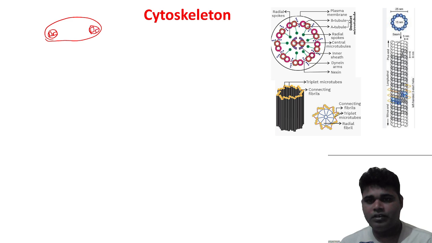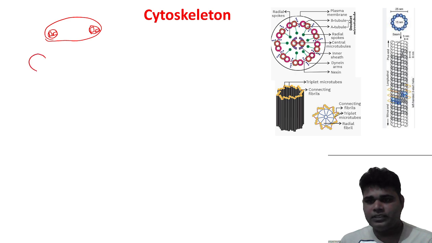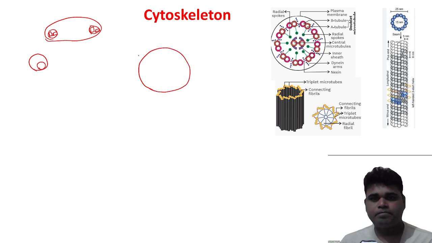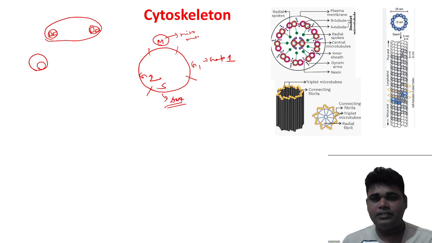Actually, first in the cell one centrosome is present, but consider the cell cycle: this is the M phase, this is the G1 phase, this is the S phase, this is the G2 phase. M phase means the division phase, that means mitosis or meiosis. G1 means gap 1. S phase is where the DNA is synthesized, that means the DNA becomes double.